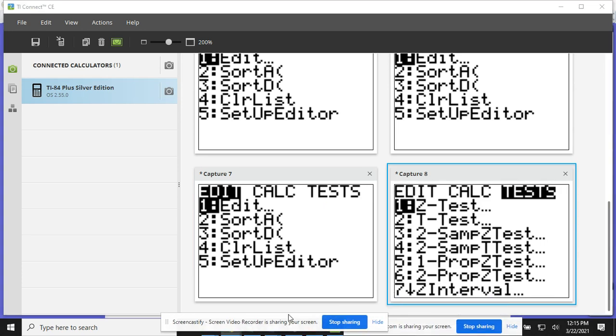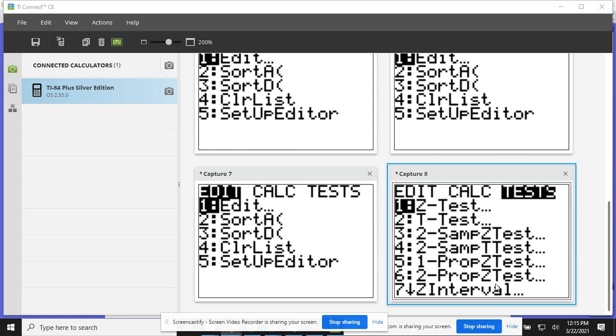Is it 1 or 2? It's 2. It says sample or proportion. Are we sample or proportion? Sample just means it's not proportion. Are we doing proportion or not? Yes. We're doing a test or an interval. So which number is it? So this is 6. So 2 proportion Z test.